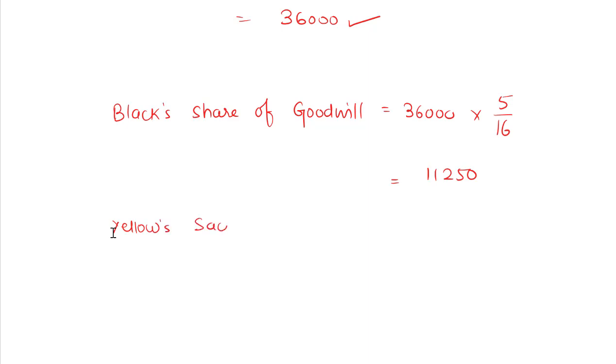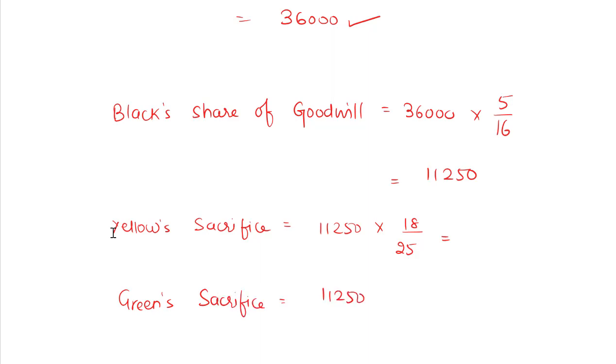Yellow's sacrifice is 11,250 multiplied by 18 by 25, and Green's sacrifice is 11,250 multiplied by 7 by 25.